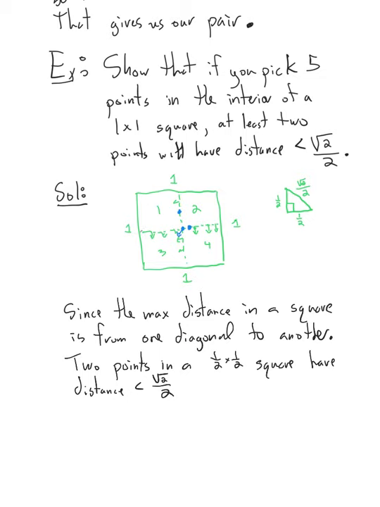I know the distance from one corner to another, kind of the worst case scenario, is square root 2 over 2. You can check that again via the Pythagorean theorem. So if that's the biggest distance, then any 2 points in the square aren't going to have distance bigger than that. So we have 4 bins.